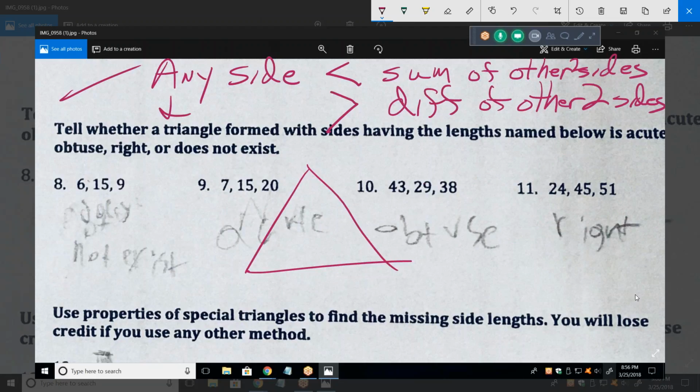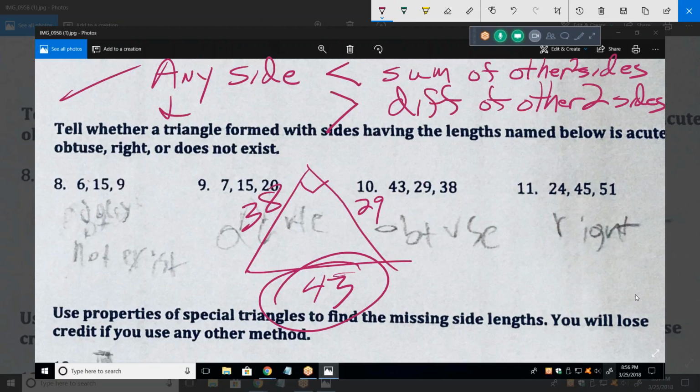So I'm guessing that's the short side, that's the long side, that's the next shortest side. Okay. So if this was an obtuse triangle, 43 would be the long side, correct? Yeah.